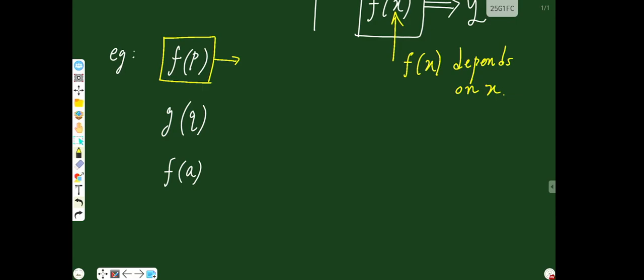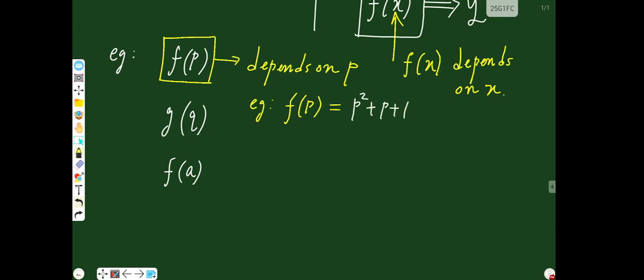So f of p depends on p, and on the right-hand side we are expecting something in terms of p.